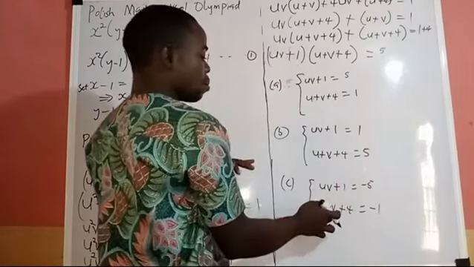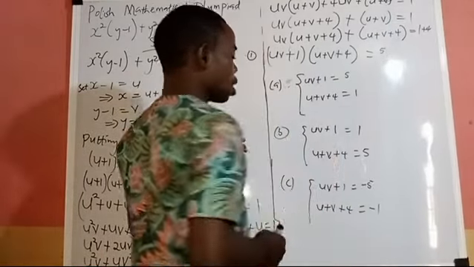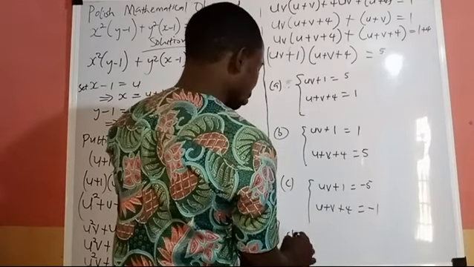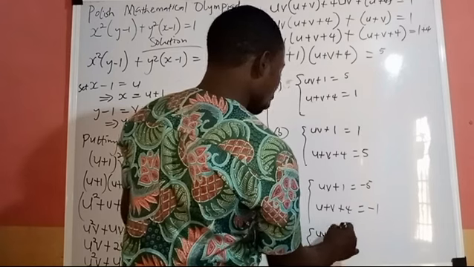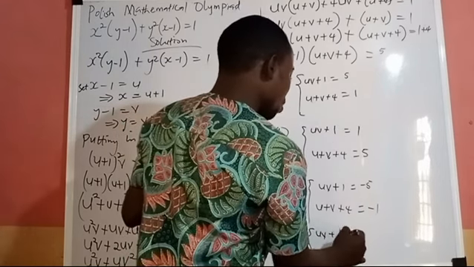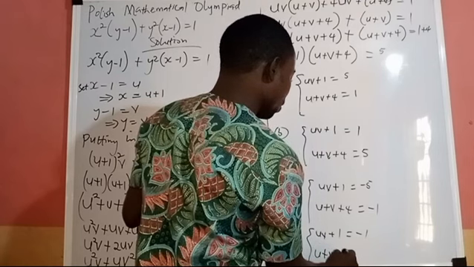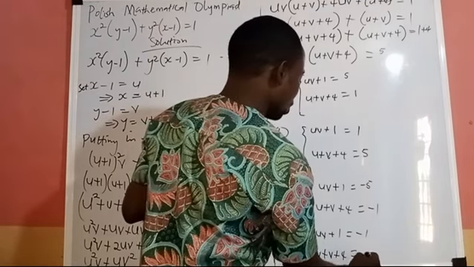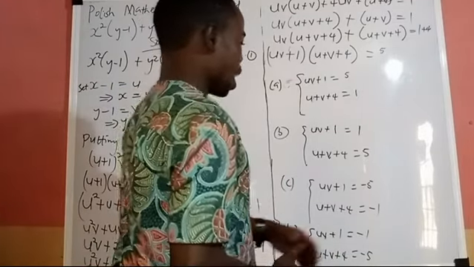Of course, this times this gives minus 5 times minus 1, which will also give us 5. And then case D that will happen is that uv plus 1 will be equal to minus 1, and then u plus v plus 4 will give us minus 5. And of course, it's still very much the same right there.